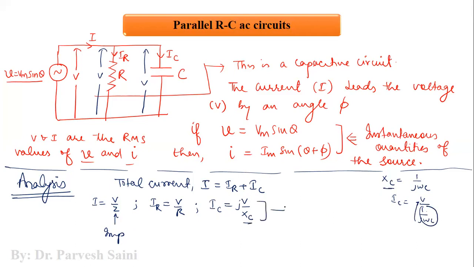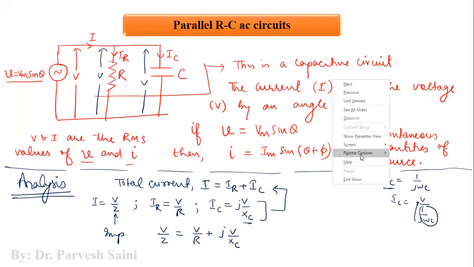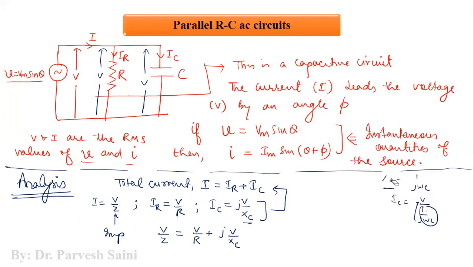So if we substitute all these values, we get V by Z is equal to V by R plus JV by XC. We will take the voltage common because it is the common component here.